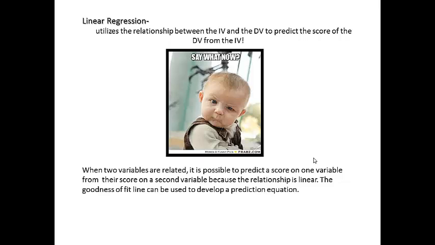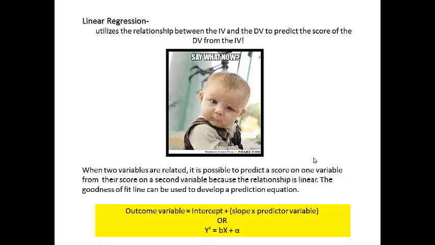The goodness of fit line that we saw in this presentation can be used to develop a prediction equation. Now, the equation looks like this. Our outcome variable is equal to the intercept plus the slope times a predictor variable. Y prime is equal to beta times x, added to alpha, or our coefficient constant.